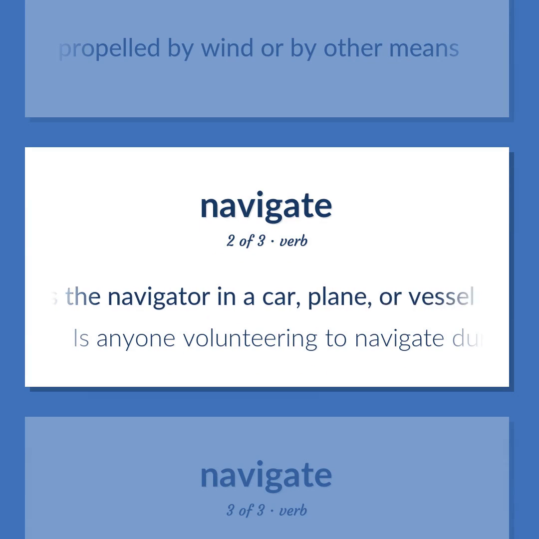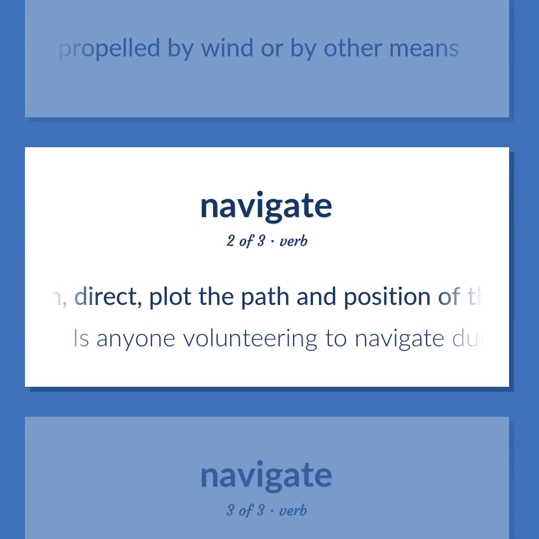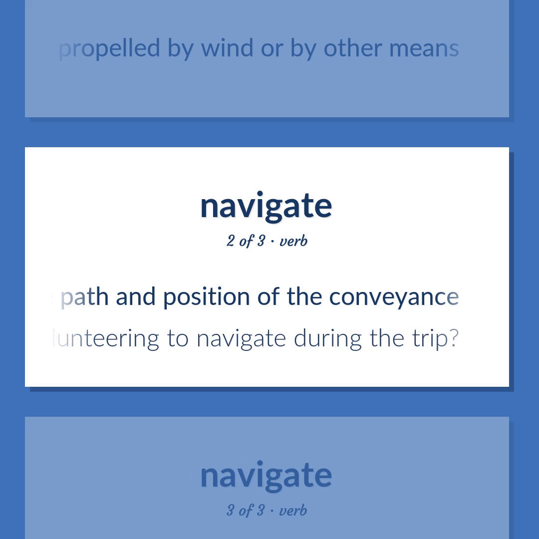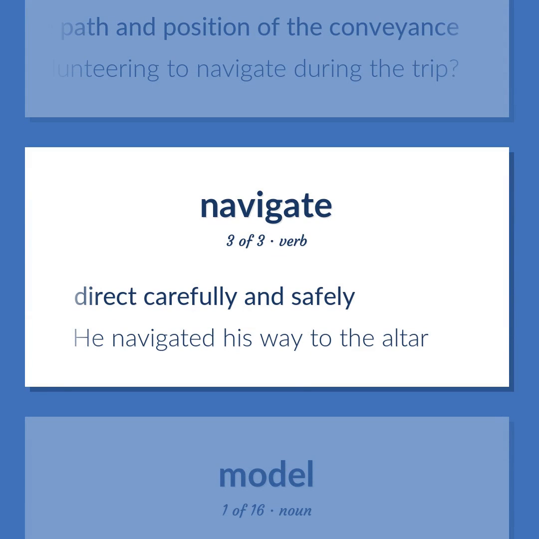Act as the navigator in a car, plane, or vessel and plan, direct, plot the path and position of the conveyance. Is anyone volunteering to navigate during the trip? Direct carefully and safely. He navigated his way to the altar.